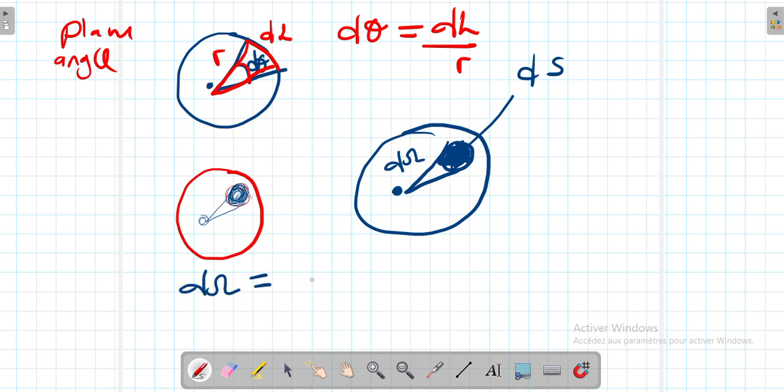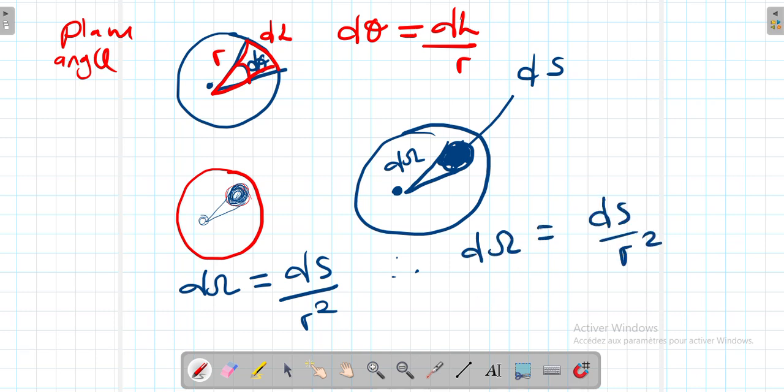So the relationship between omega and ds is ds on top over, but this time instead of r, like we said for d theta, we say r squared because this is a 3D angle. So the most important thing to know is omega is equal to ds over r squared.